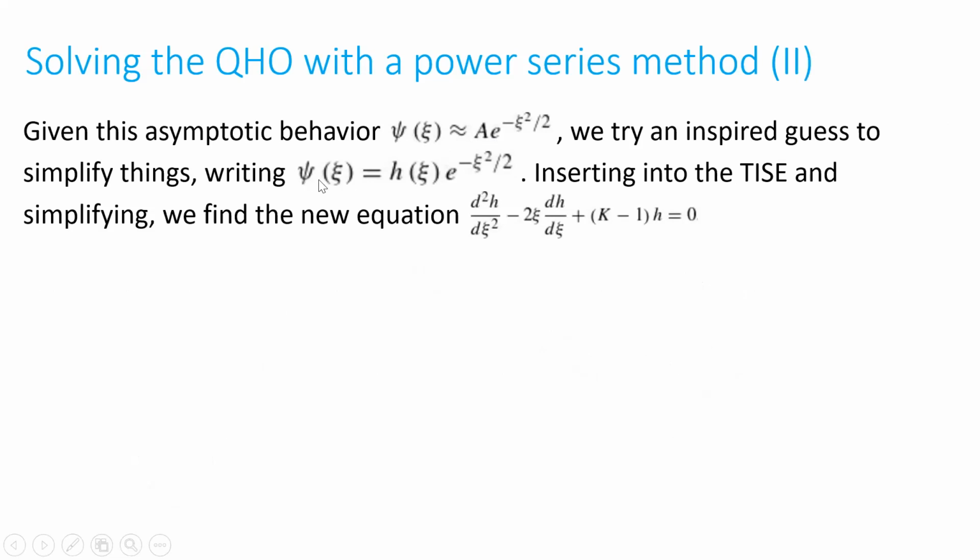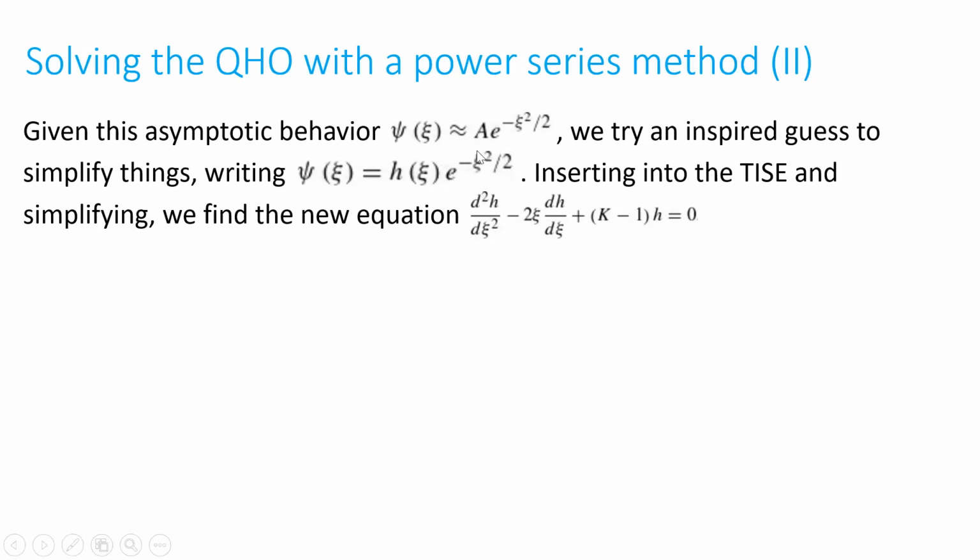And so we write the wave function psi of c as h of c times e to the minus c squared over 2. So we're building in this asymptotic dependence, which we've seen. We've given an argument that it exists at large values of c.